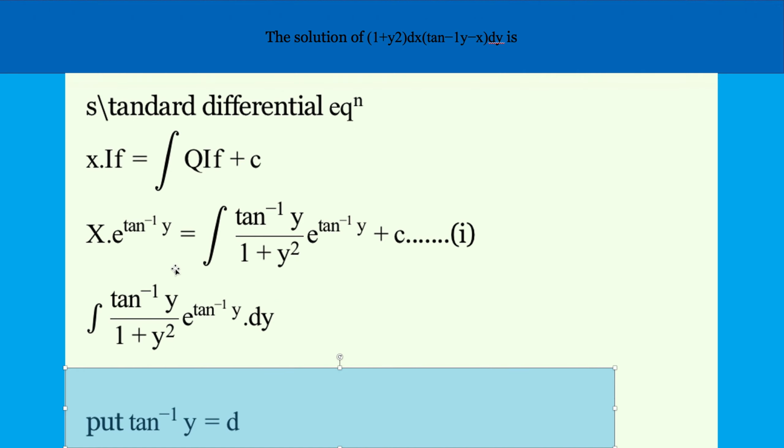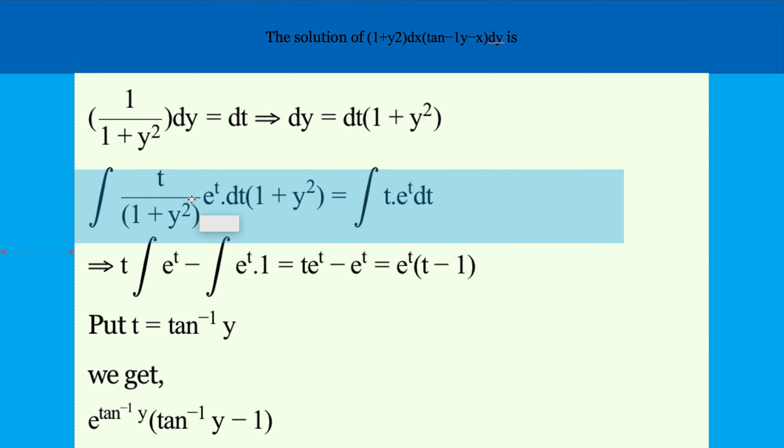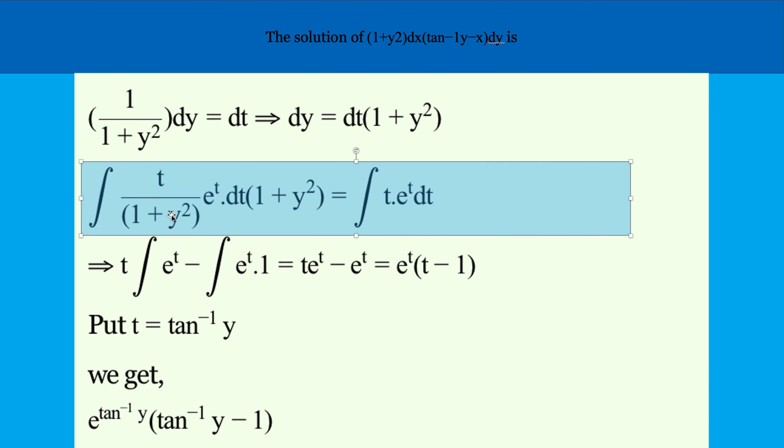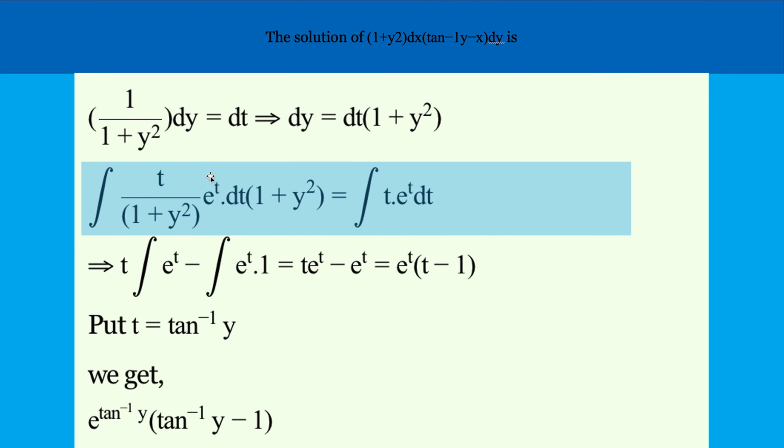Now to compute this further, you need to let tan inverse y be a variable t. Once you have done that, it will allow you to solve it further, because there's a formula where this 1 plus y square can be cut. If you put tan inverse y equals t, then dt becomes dy upon 1 plus y square.